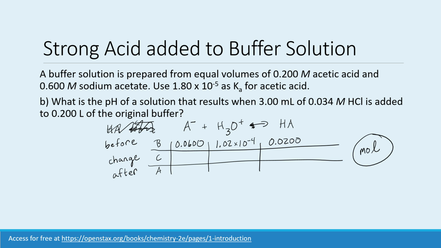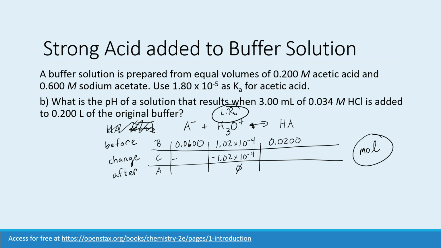Okay, so when we're deciding how much to subtract and we're looking at our two reactants, as long as it's a 1-to-1 ratio, it's whichever one is smaller. And so, of course, the hydronium ion amount is smaller, and that is what we call our limiting reactant. Right, and so as our limiting reactant, we are going to use up all of that hydronium ion until there's nothing left.